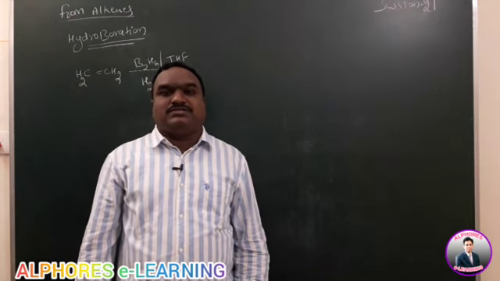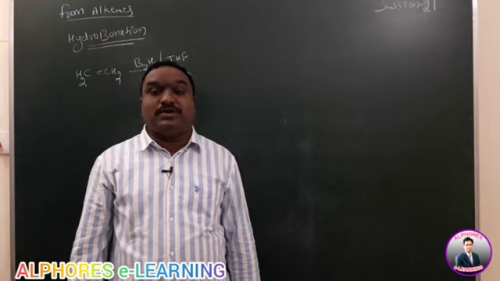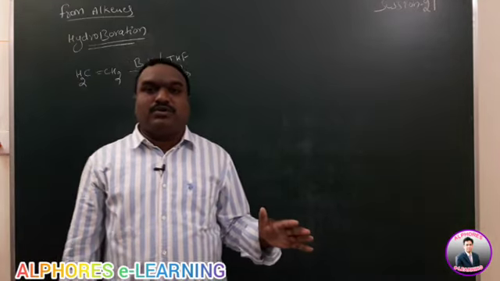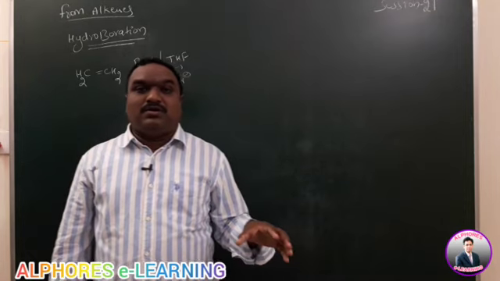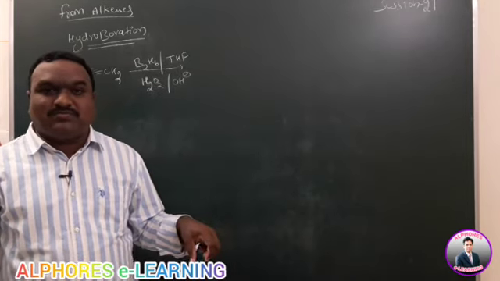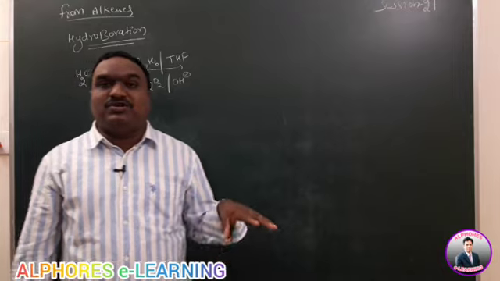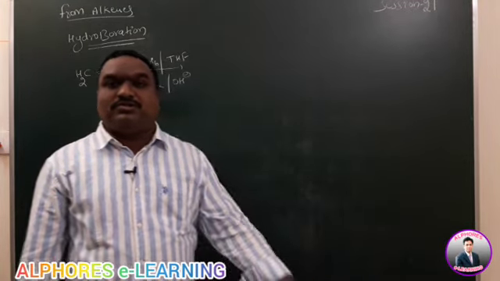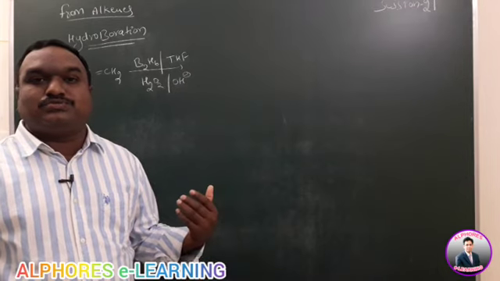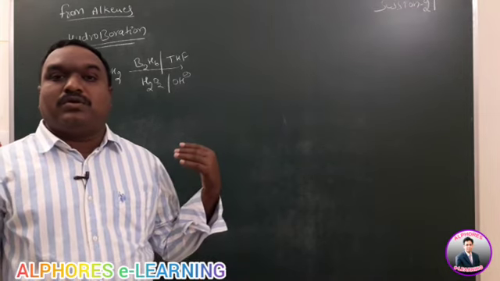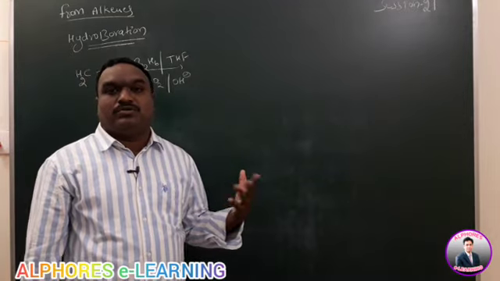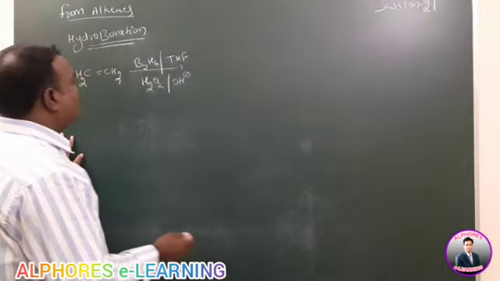H minus is the nucleophile here. The addition is Markovnikov addition. Wherever an unsymmetric alkene is given, we have to write the addition of diborane according to Markovnikov rule. So H minus is added to the more substituted carbon, and boron is added to the less substituted carbon.